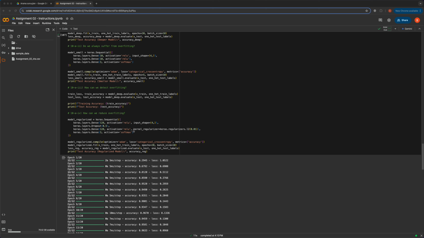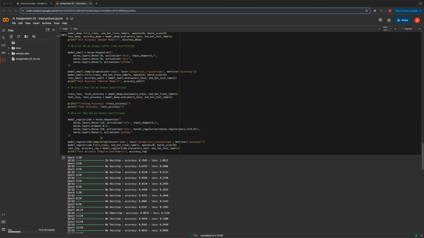How can we reduce overfitting? We now introduce dropout and L2 regularization, two techniques that help improve generalization, right? Dropout randomly ignores 50% of neurons during training, preventing the model from memorizing patterns.